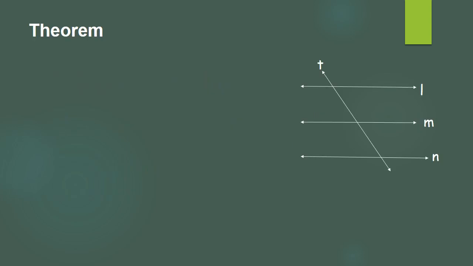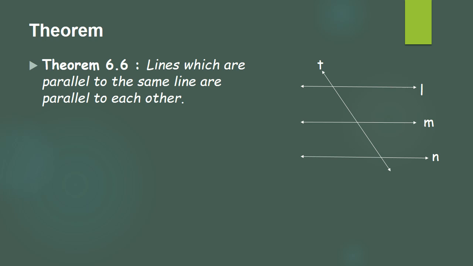The theorem states that lines which are parallel to the same line are parallel to each other. Here, if I say that line M is parallel to L and N is also parallel to L, these two lines are parallel to a single line, then these two lines are parallel to each other.